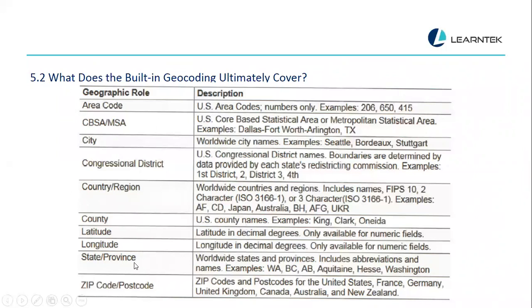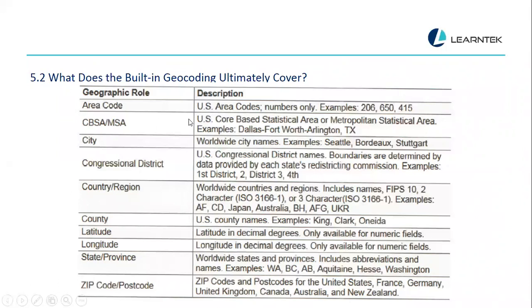Similarly for state or province, it can identify different states by the short form or the full name. Also the zip codes of different countries, and the country name or its acronym, can be identified and given an automatic lat long.